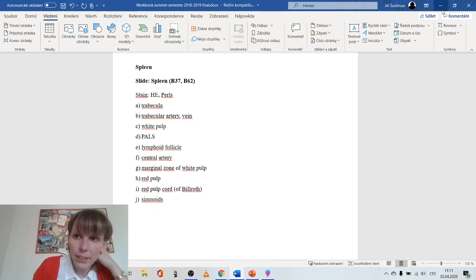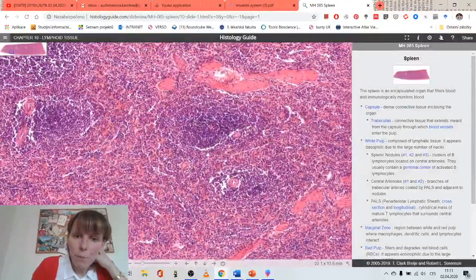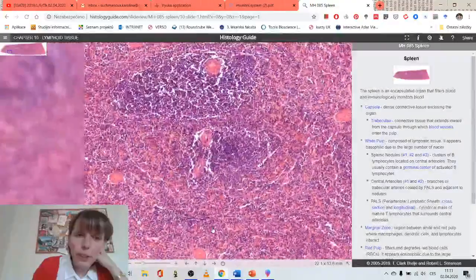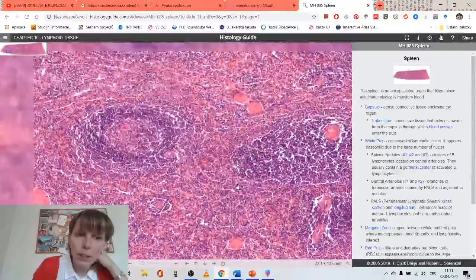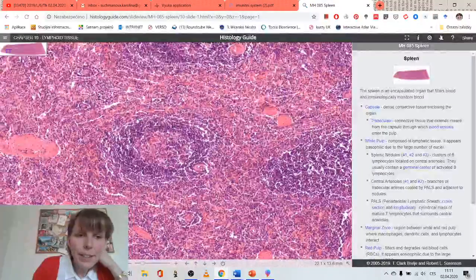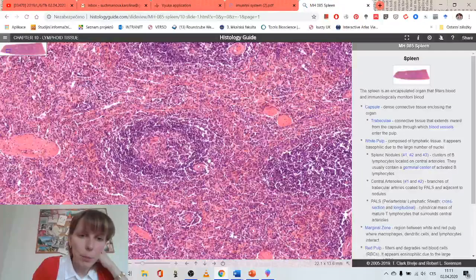It's the same thing. So if we take a look, for example, here we can see the white pulp very clearly. So this is the lymphatic follicle. Around it you have the marginal zone. So it's not very clearly defined, but it's here, just around the lymphatic follicle.